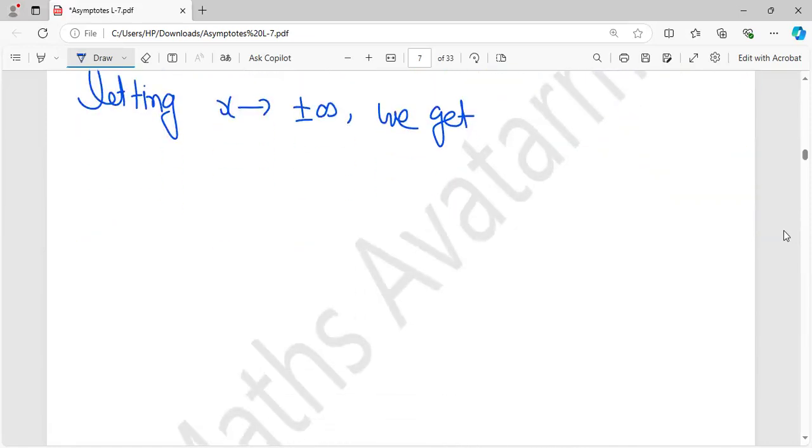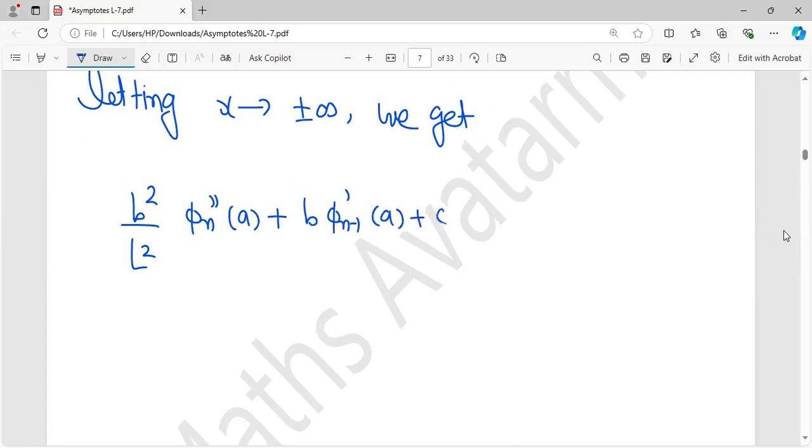what we have? We have b square upon factorial 2 phi n double derivative at a plus b phi n minus 1 a plus phi n minus 2 a is equal to 0.